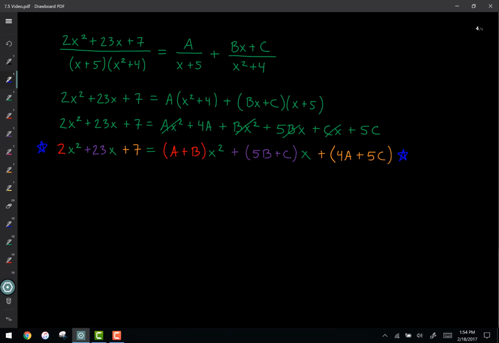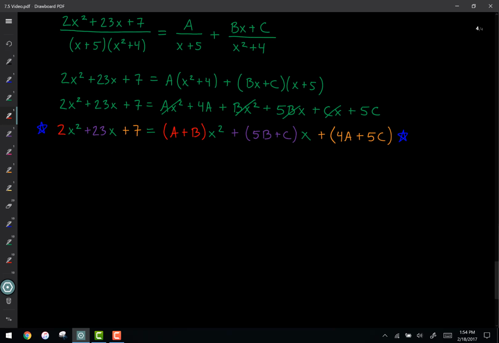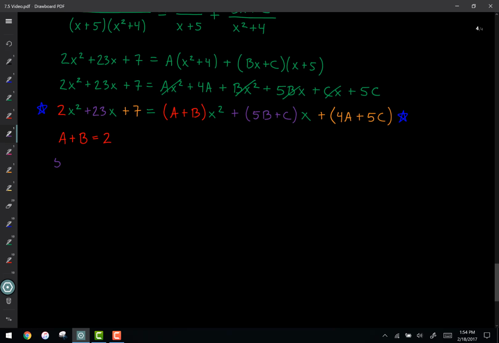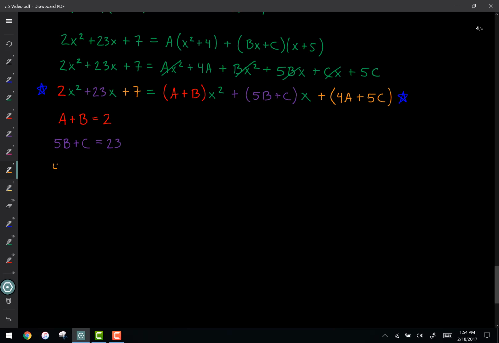The x squared terms tell me that A plus B equals 2. The x terms tell me that 5B plus C equals 23. And then the constant terms tell me 4A plus 5C equals 7.